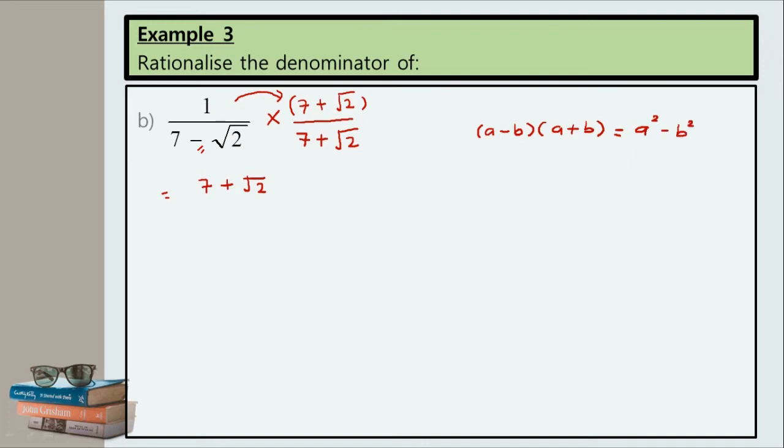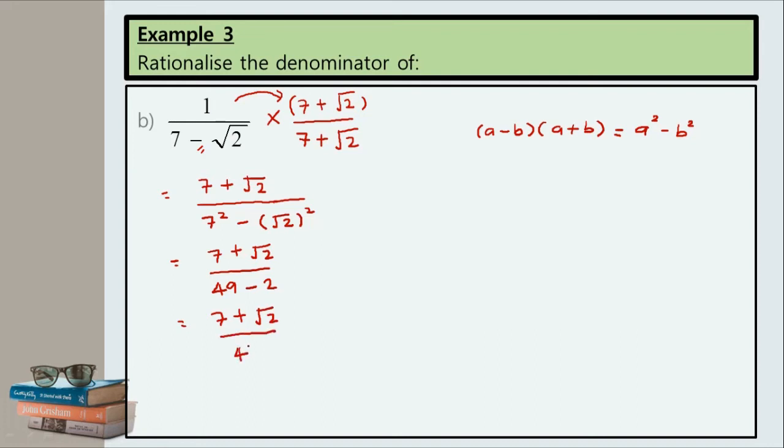So that's why 7 minus surd 2 times 7 plus surd 2, we will have 7 squared minus surd 2 squared. Okay, so simplify, we will get 7 plus surd 2 over 7 squared, 49, minus surd 2 squared, 2. So our final answer is 7 plus surd 2 over 47.